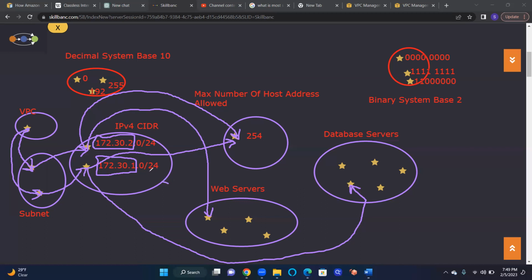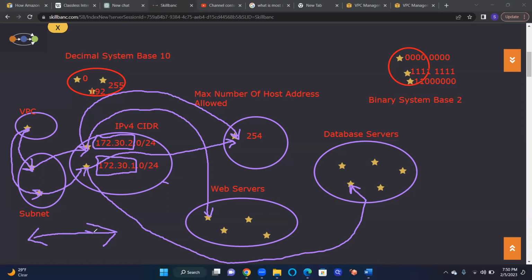So if I say 20 instead of 24, that means out of 24 bits, I'm using only 20 bits. So let's say this is 24 bits up to here. Suppose instead of 24, I say 20.